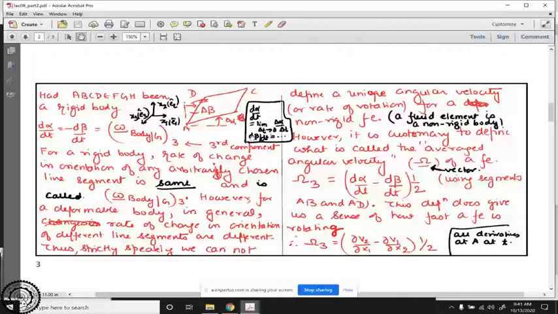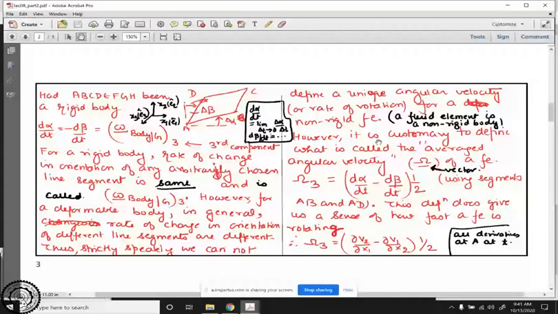Thus, strictly speaking, we cannot define a unique angular velocity or rate of rotation for a non-rigid fluid element, because every line segment rotates at a different rate.